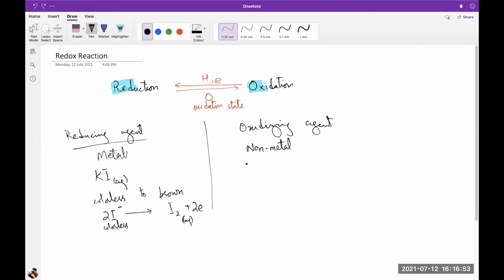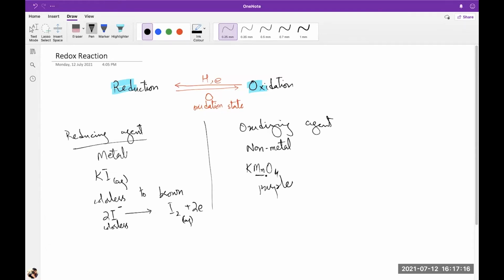Similarly, on the other side, we have KMnO4. Why are we using potassium? Because they are very strong, very reactive metals. KMnO4 is potassium permanganate, or potassium manganate 7. This is a purple colored thing. Why is it purple? Because the manganese in there is a transition metal. So the purple color comes from the manganese ion.